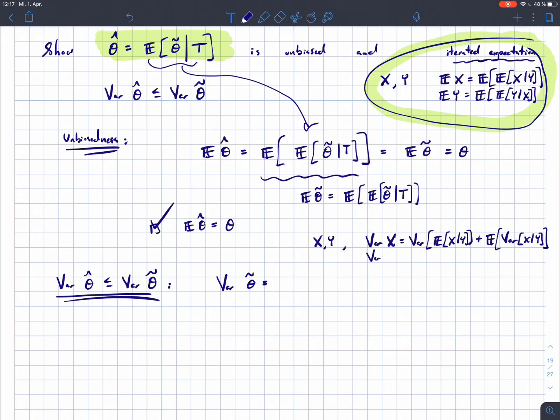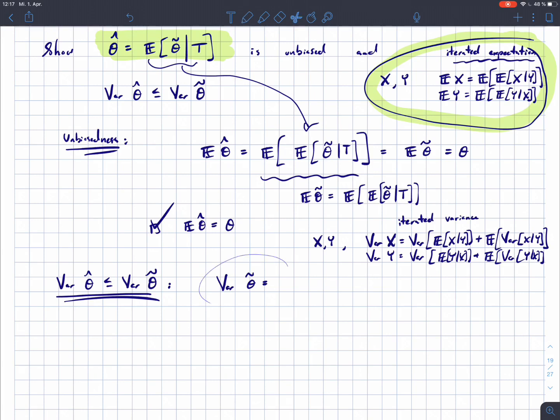And the same way I could write the variance of y as the variance of the expected value of y given x plus the expected value of the variance of y given x. So this was iterated variance.